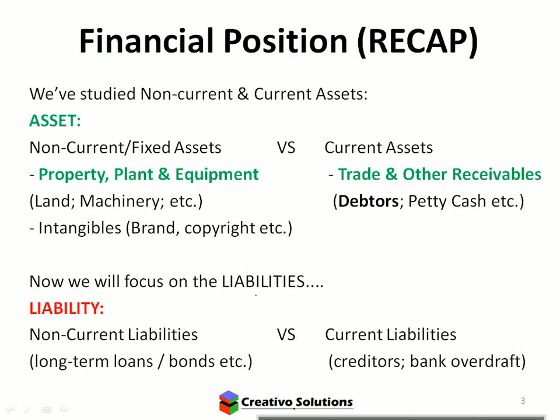So we've looked at debtors, trade receivables, client control accounts, whatever you prefer. What is it? It's an asset. Is it non-current or current?